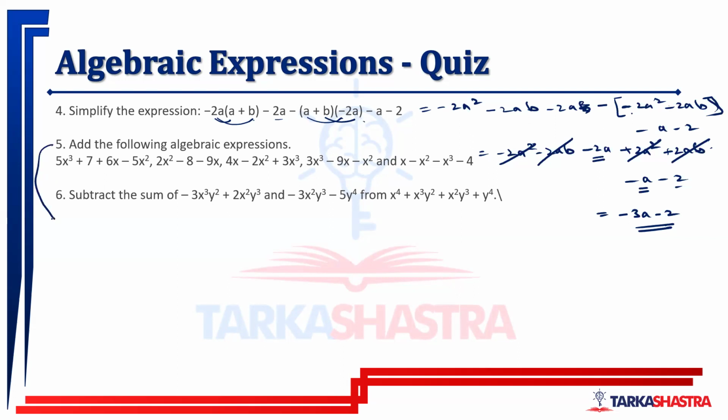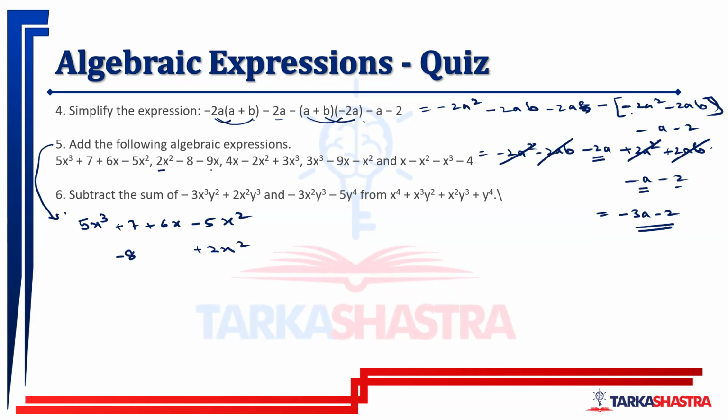Next, fifth question. We have to add all the following algebraic expressions. First, let us write 5x cubed plus 7 plus 6x minus 5x squared. Then what I do, I write down the same variables one below the other. What we have? 2x squared. So positive 2x squared. Then we have minus 8.